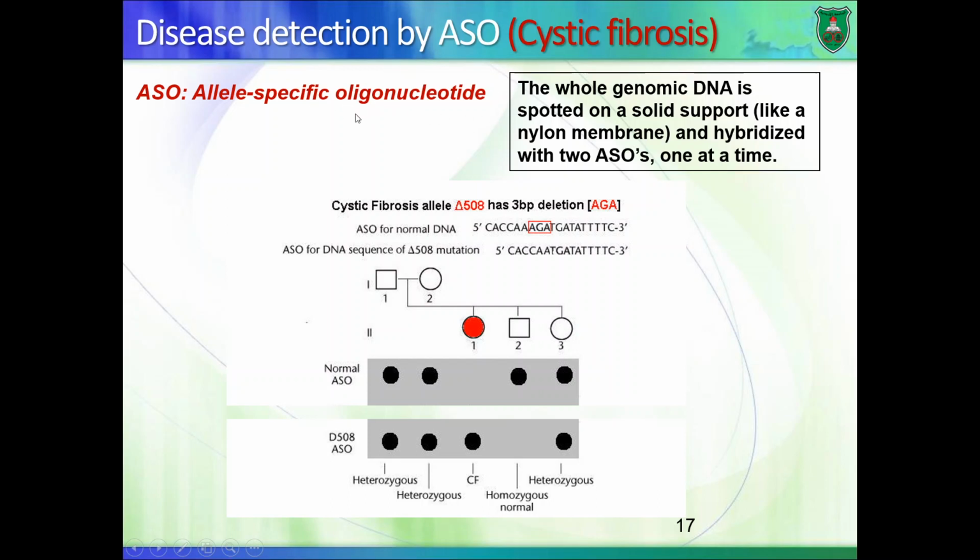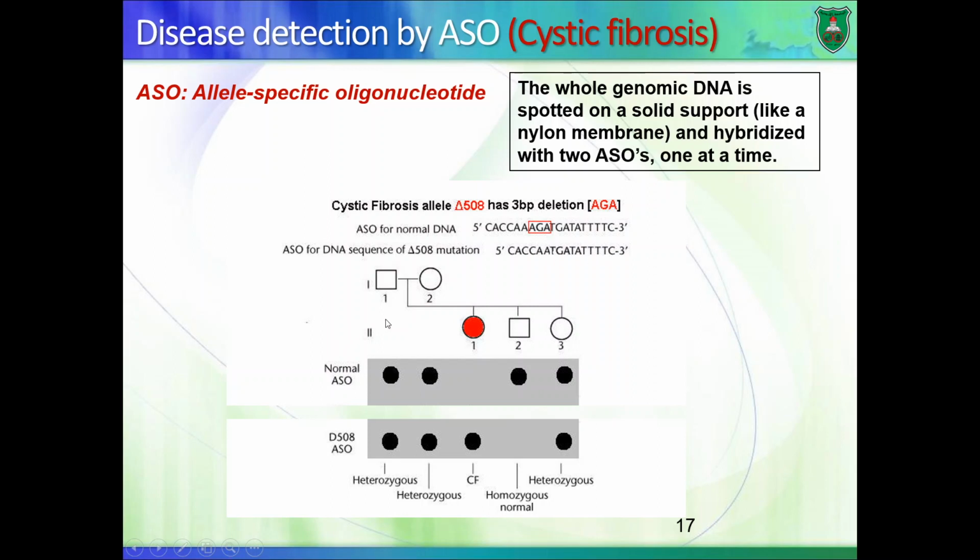Again, we've defined what an oligonucleotide is: a short DNA molecule. We use 2 probes, and they are allele specific. That is, we use an allele specific oligonucleotide that would detect the normal DNA, the DNA that does not have the deletion. And we use another probe that has the ability to bind, to hybridize with the DNA sequence or the gene or the allele that has the deletion.